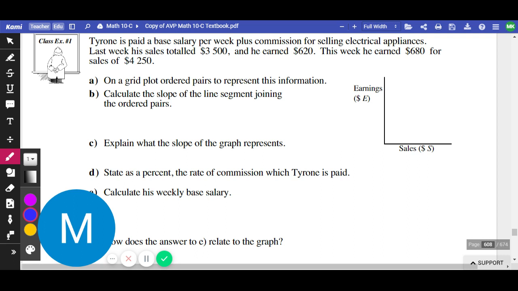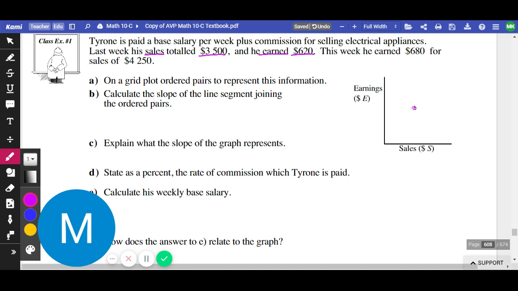So, we've got two pieces of information given to us. We've got his sales and then what he earned, and we've got it in two pairs. The first one was he sold $3,500, he earned $620. So if I'm looking over here, I'm going to say sales, $3,500, earned $620.